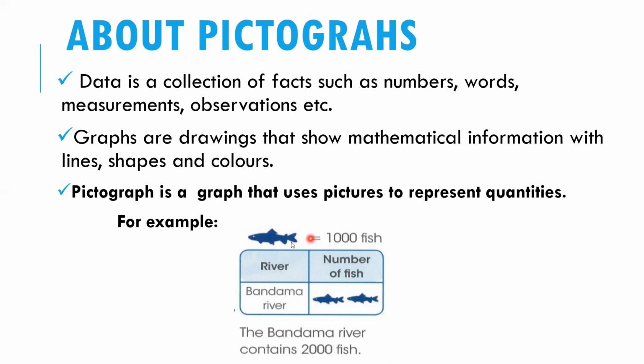As per the scale, 2 fishes equals 2 into 1000, 2000 fishes. So from this pictograph, what can you conclude? That the Bandama river contains 2000 fishes. This is how we find information from a pictograph. So this is our introductory session regarding the concept pictograph.